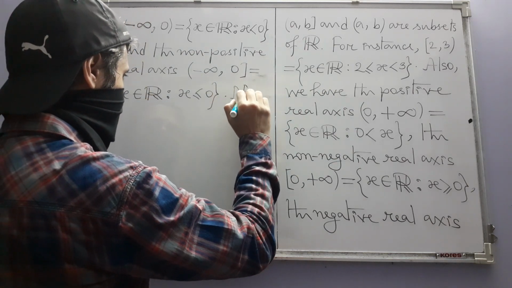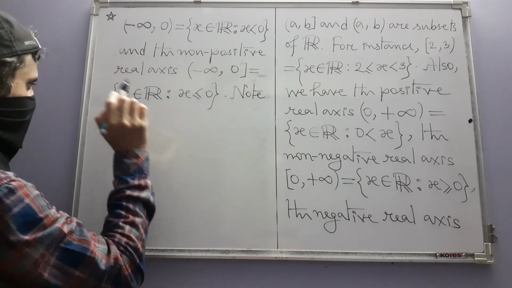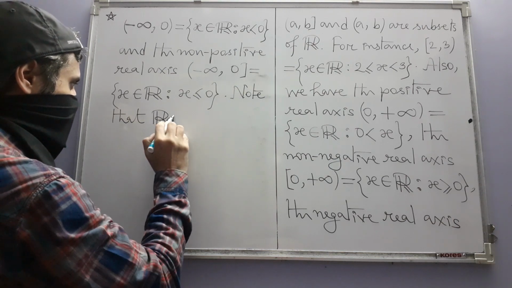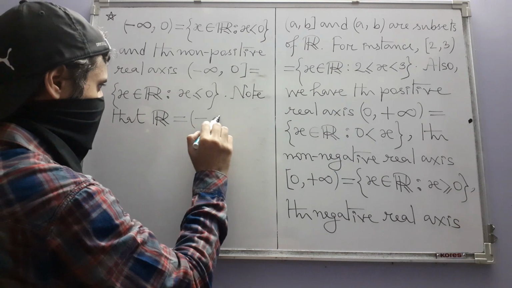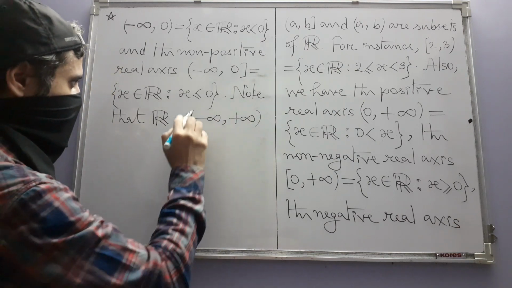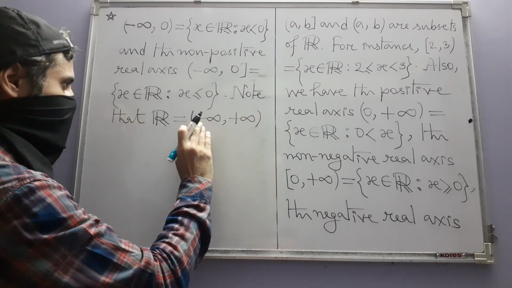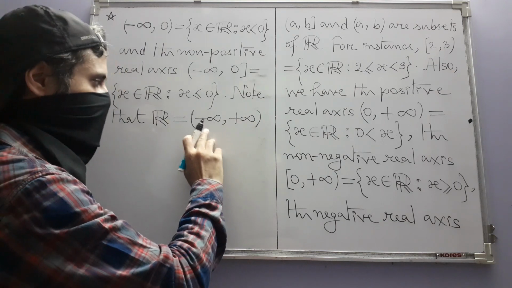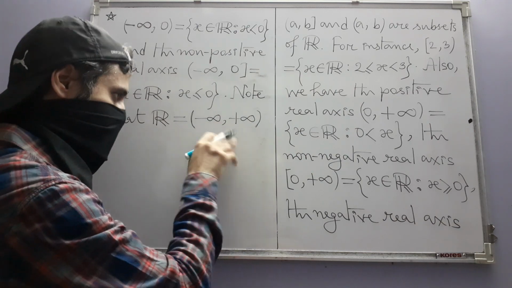Note that the set of real numbers itself can be thought of as an interval, this open interval. Why? That's because any real number is strictly greater than minus infinity and strictly less than plus infinity. And any extended real number satisfying those inequalities must be a real number.